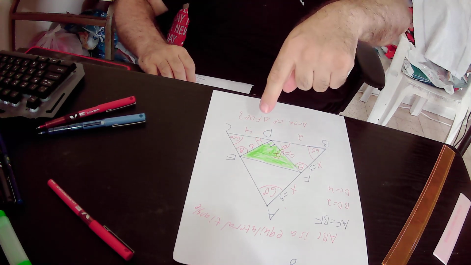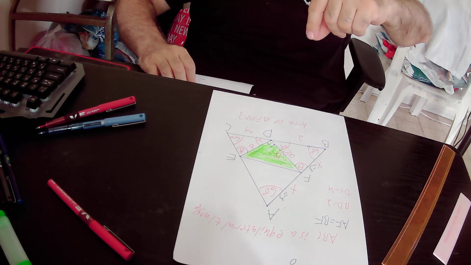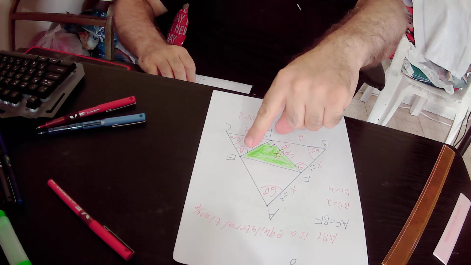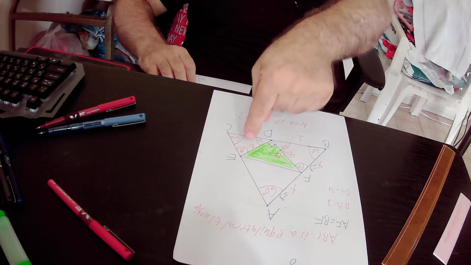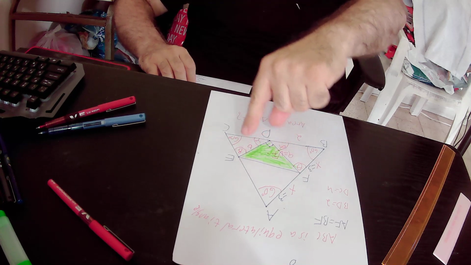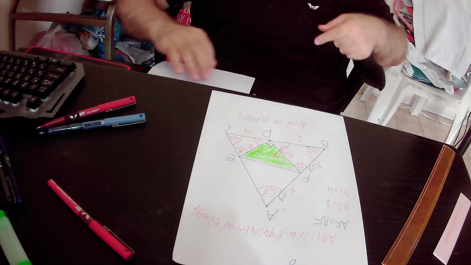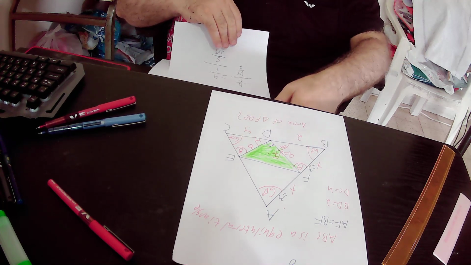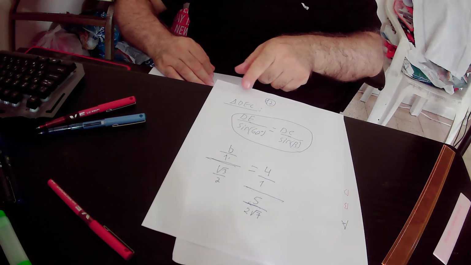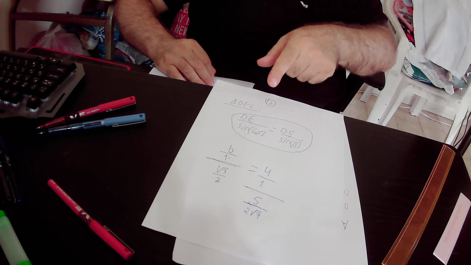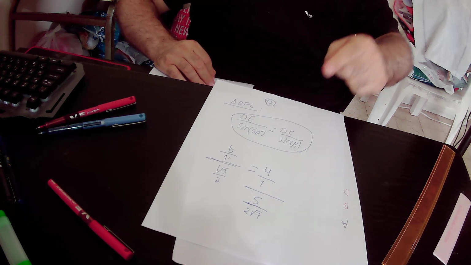If we implement the law of sines in the small triangle DEC, it is actually DE over sine 60 degrees equals DC over sine beta. Again, DE over sine 60 degrees equals DC over sine beta. So we implemented the law of sines in the small triangle DEC.